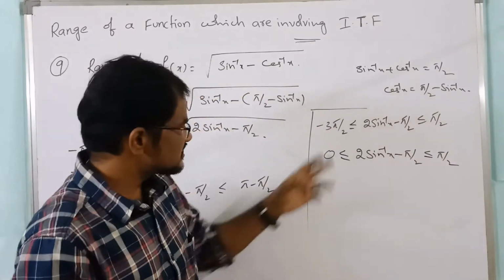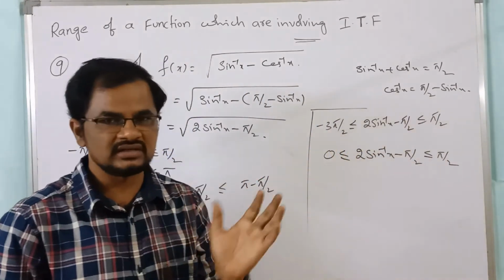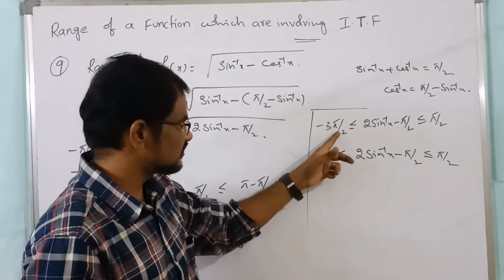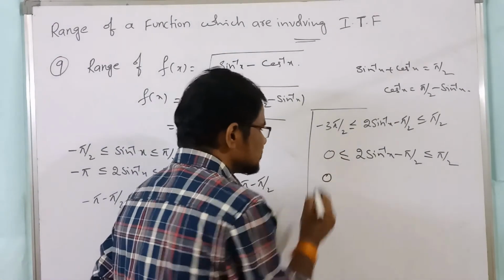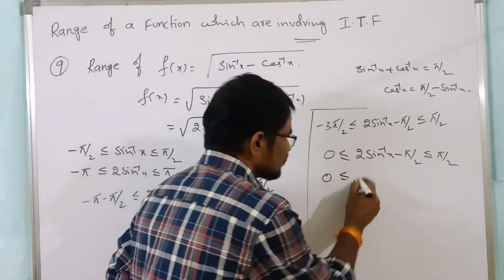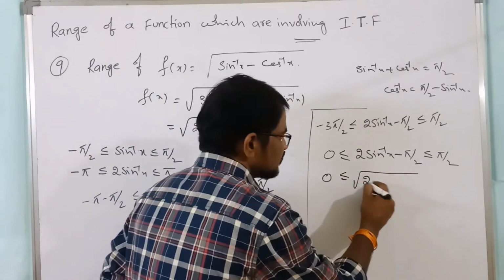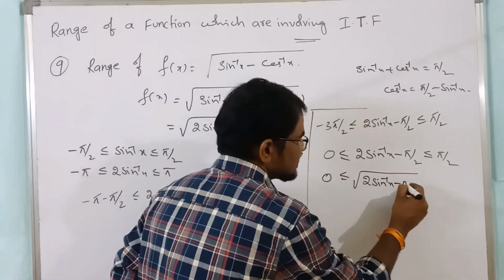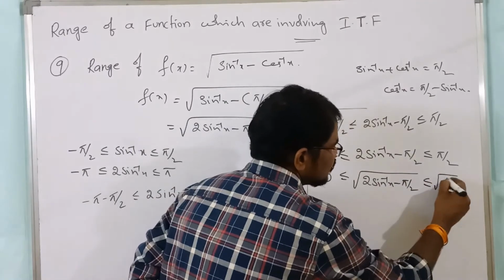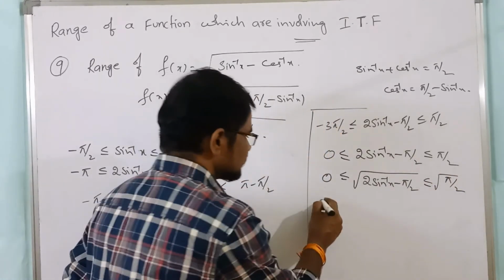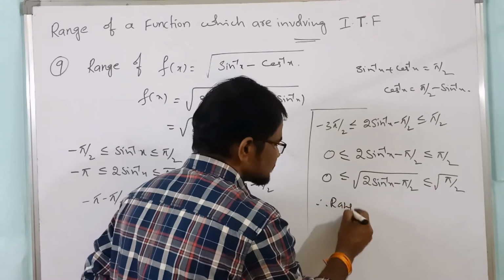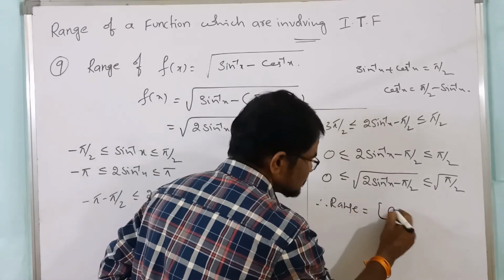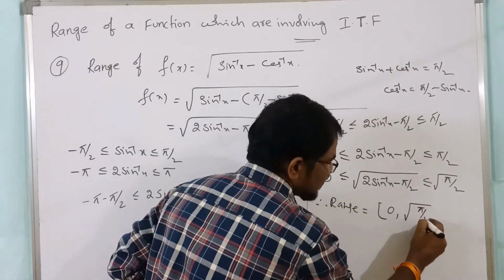Right? Minus 3 pi by 2 to 0 are negative values, root we can't take. So 0 less than or equal to root of 2 sin inverse x minus pi by 2 less than or equal to root pi by 2. Therefore the range of this function is the closed interval 0 to root of pi by 2.